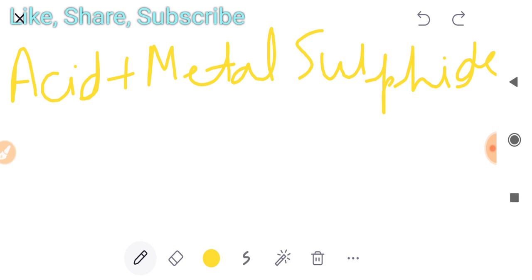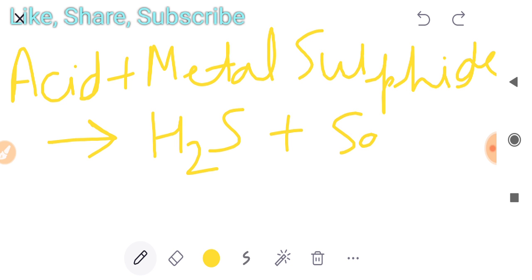Another example we can take: acid plus metal sulfide. In the first example we talked about the sulfite. Now you have to give the answer for sulfide. What will be formed here? Good, hydrogen sulfide plus salt.